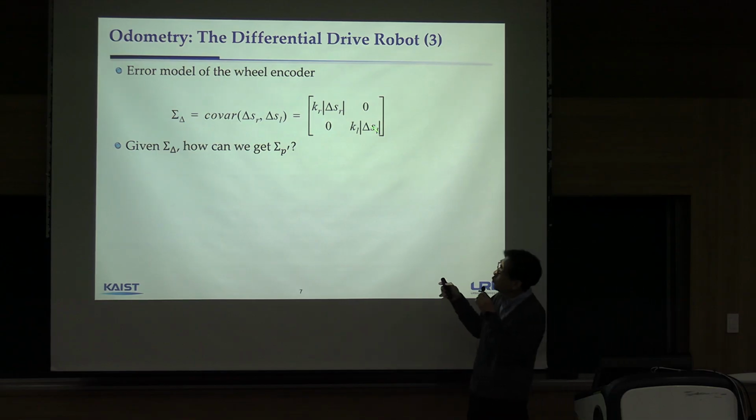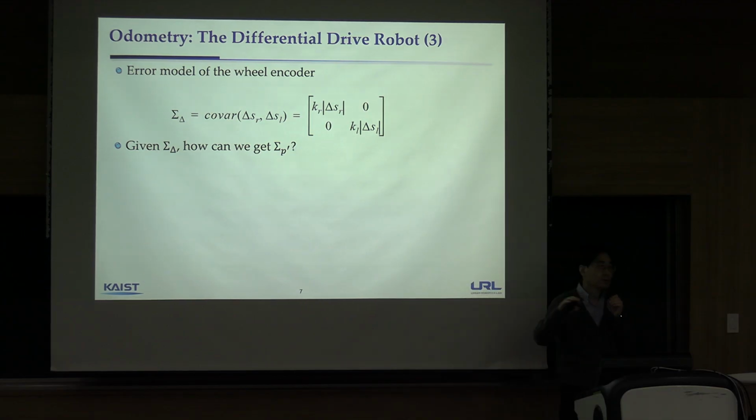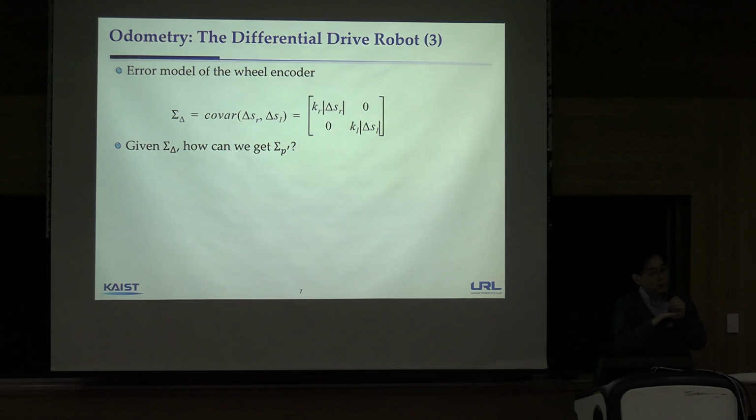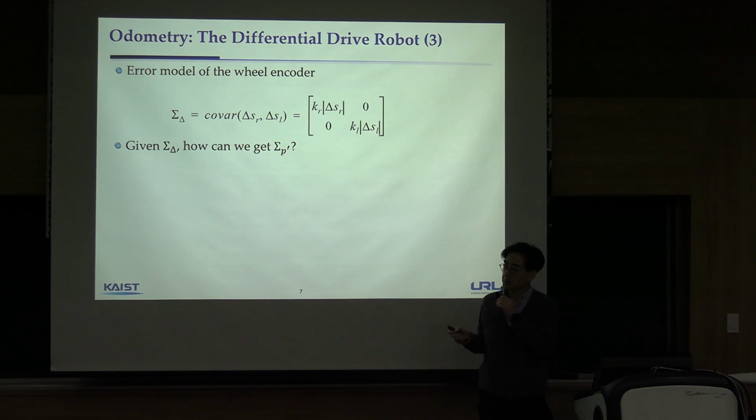The wheel encoder will be very uncertain because, as I already mentioned, there should be some kind of uncertainty due to uneven terrain, slippages, or some unexpected disturbances. We have some kind of error, and that error will be proportional to the traveled distance.